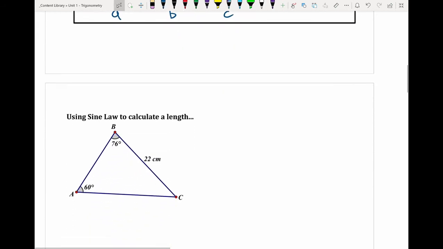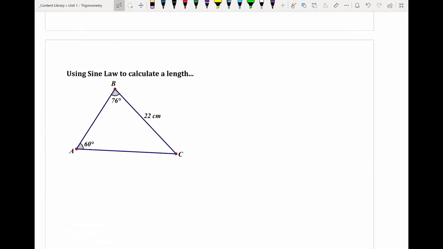So we're going to look at two examples. First, we're going to look at using sine law to calculate a length. The first thing we want to do is check to see if we have enough information. We have to look for a full pair and a half pair. Right now, I can see I have a full pair because I have the angle and its side, and then another pair partially done because I can see the angle, but I'm missing the side little b.